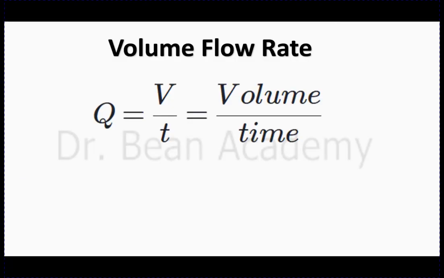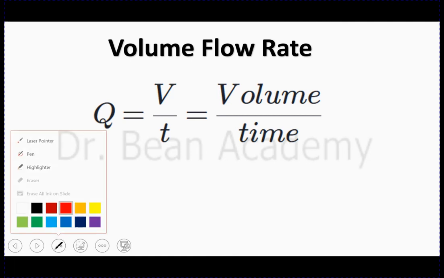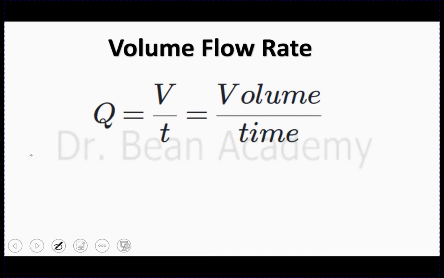Okay, so let's learn about volume flow rate. What is volume flow rate? Volume flow rate is volume divided by time. It is a measure of how much volume of something is passing through a unit area per unit time.